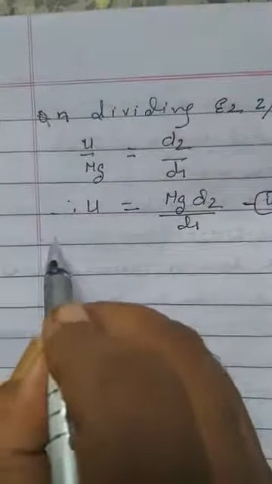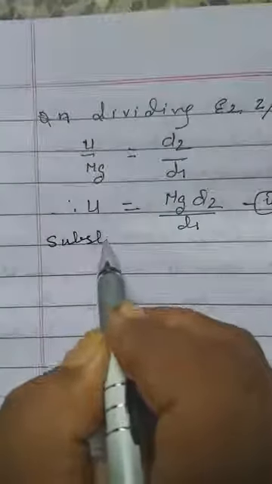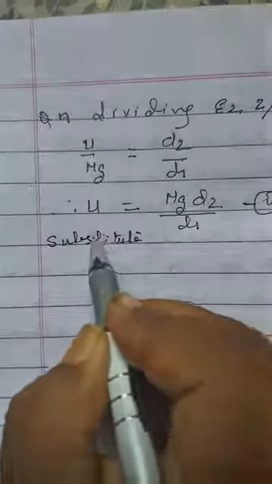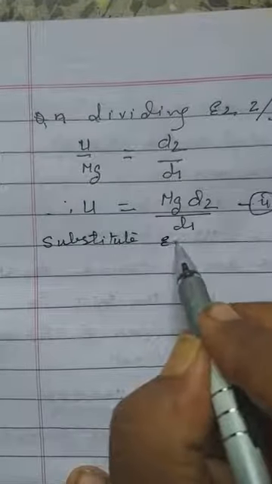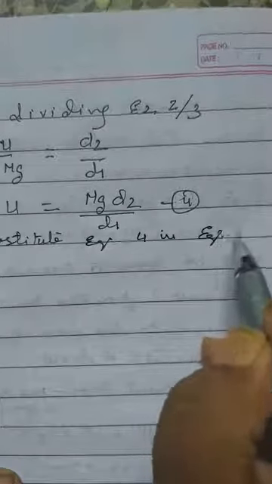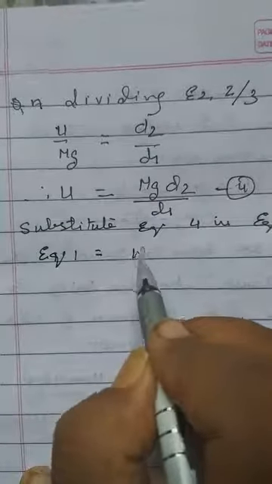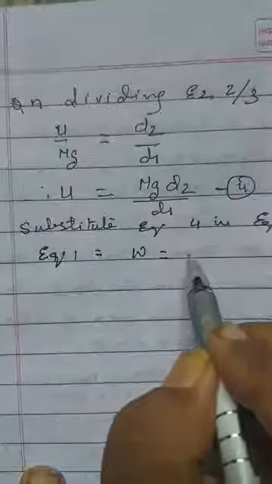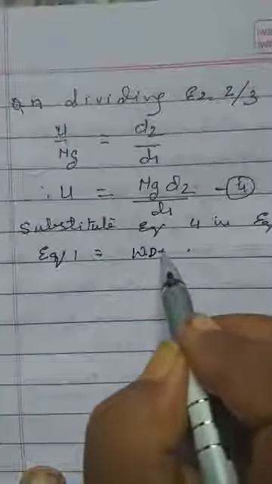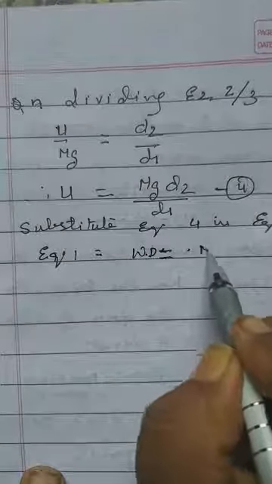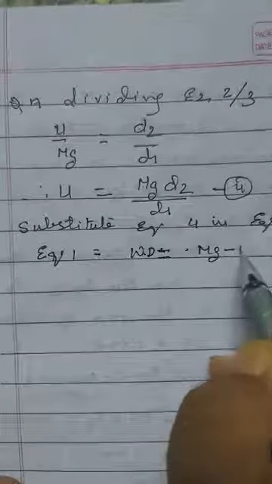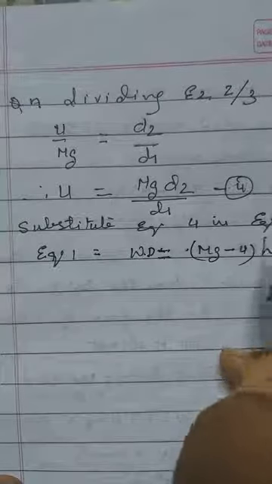Now substitute equation 4 in equation 1, where equation 1 is W, the work done, is equal to (mg minus U) h.